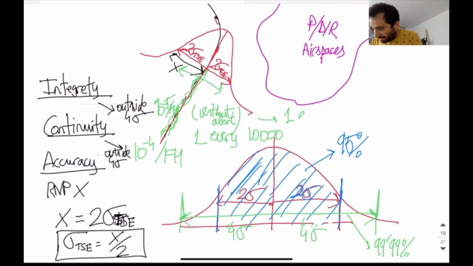So once every 100,000 flight hours we would be outside the 4 sigma container without having an alert.